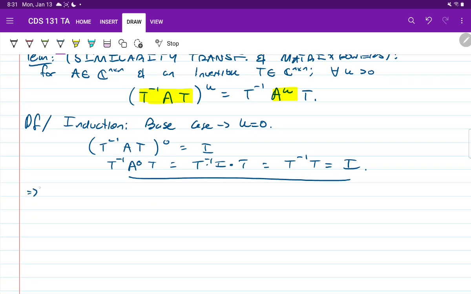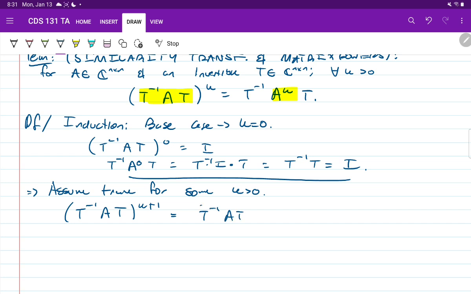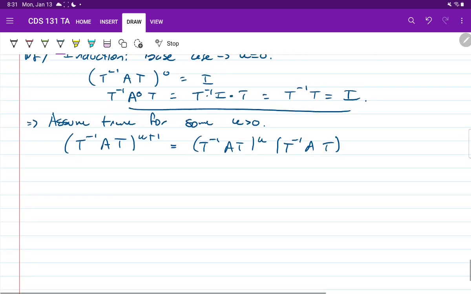Now we'll assume for the inductive step that this is true for some k greater than 0, okay? And then what we'll verify is that (T inverse AT) to the k plus 1 satisfies this property, right? First, we'll just break this up. This is (T inverse AT) to the k times T inverse AT.